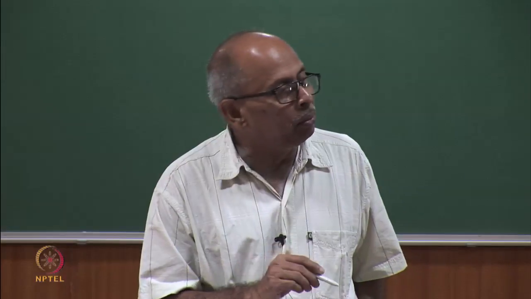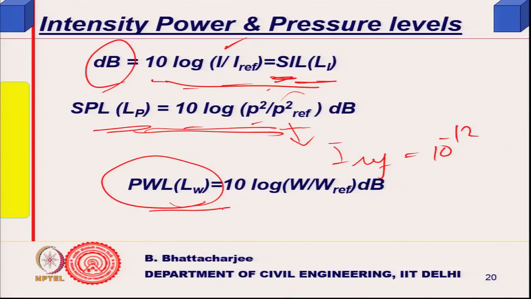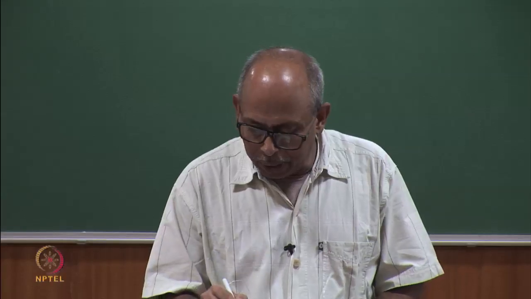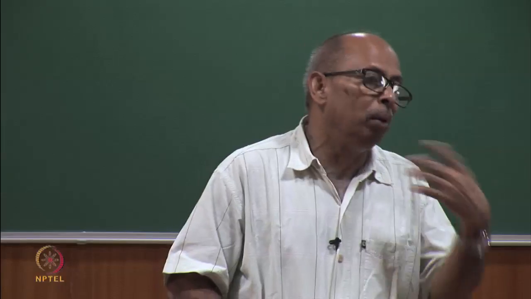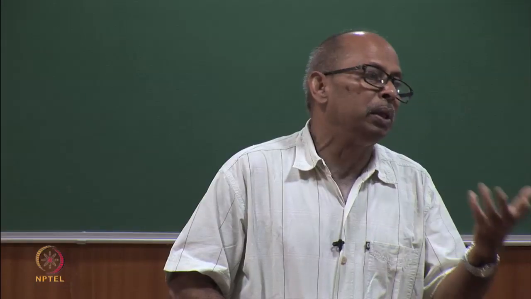So sound pressure level we measure, and the other one is power level. Sound power level is for the source, and we write it as 10 log W divided by W ref. So power level is for the source, pressure level is for the field, and so is the intensity level. Pressure level is what we normally talk about, because that is what is measurable.